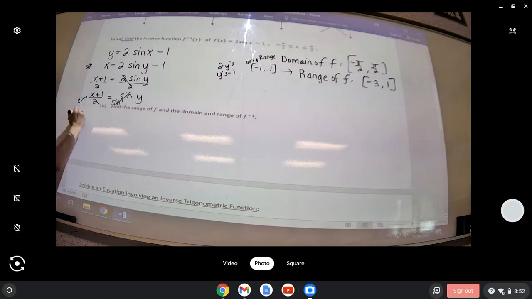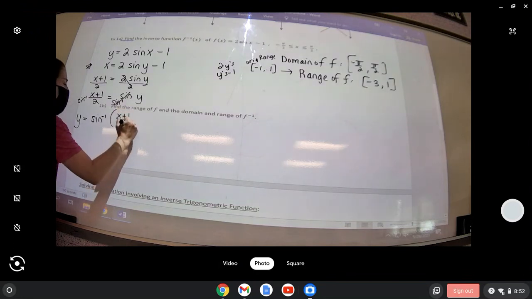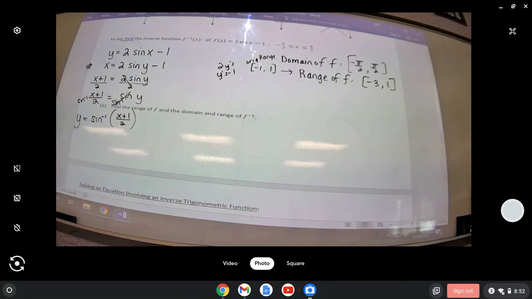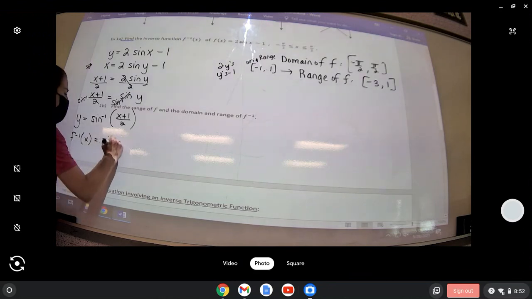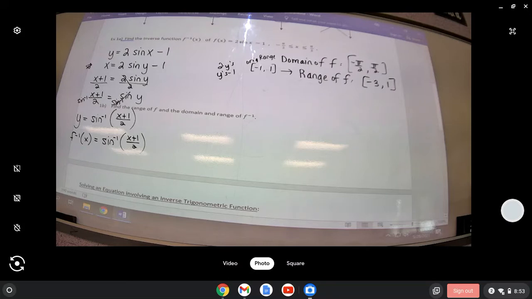And now y will equal, I'm just going to do a little flipperoo, the inverse sine of (x plus 1) divided by 2. And there's your inverse, except we're going to write it as f inverse of x equals the inverse sine of (x plus 1) divided by 2.